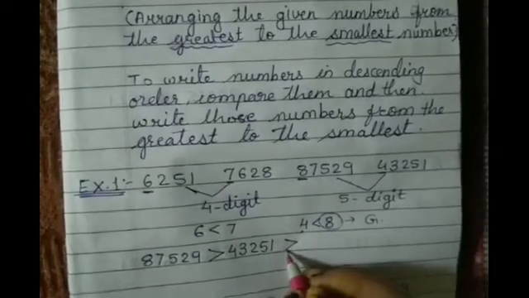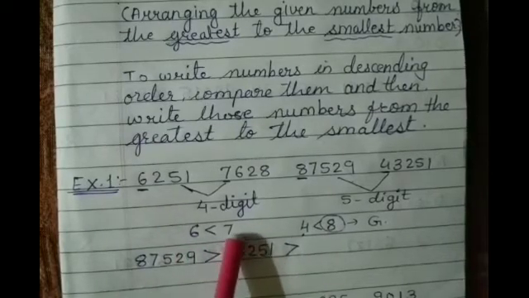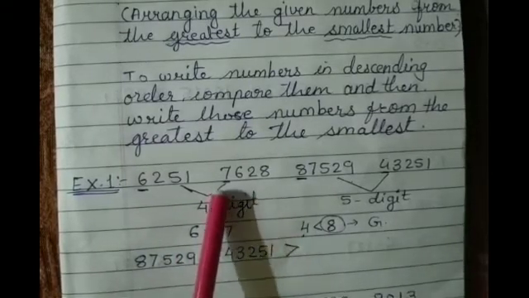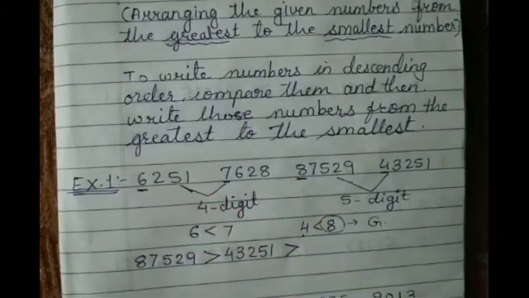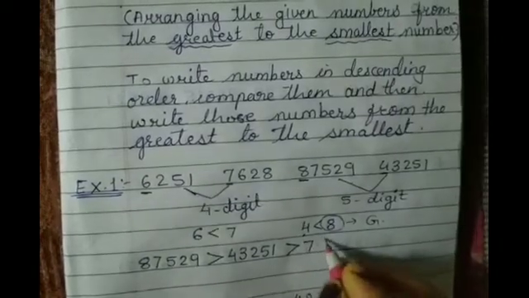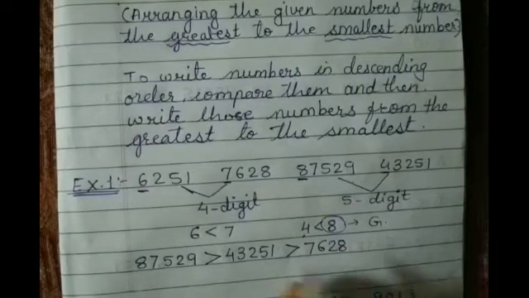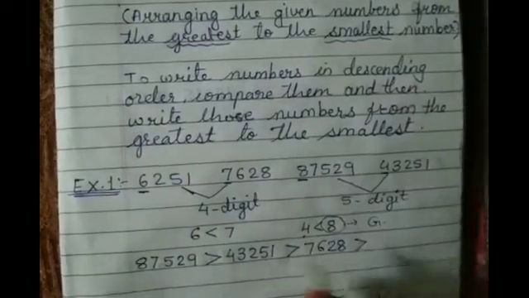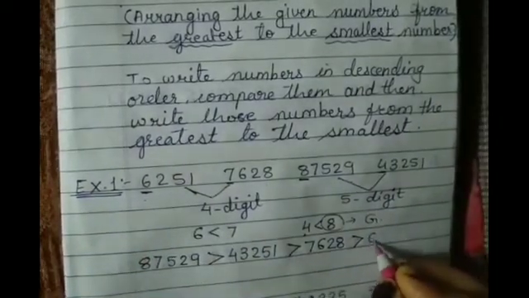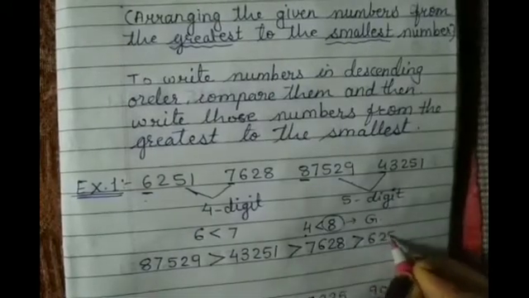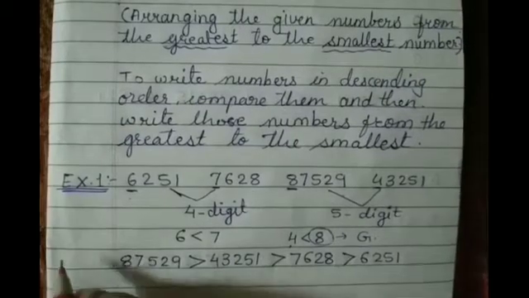Now here who's greater, 6 or 7? 7 is greater, so the number with 7 at the thousands place will come next. That is 7,628, which is greater than the number which has 6 at the thousands place, that is 6,251. So this is our descending order.